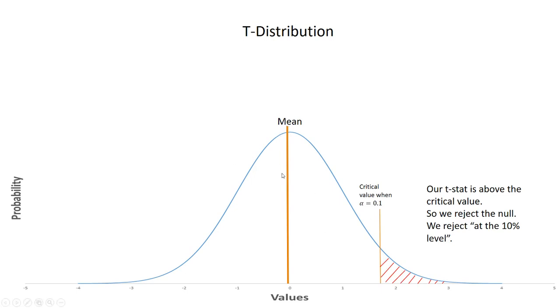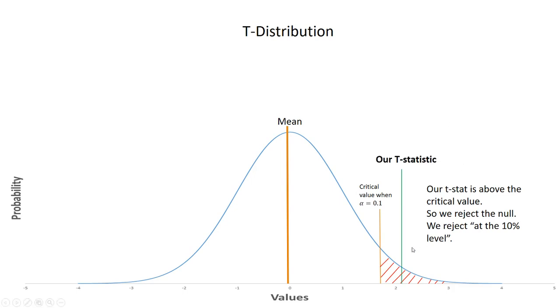Okay, t-distribution, mean 0. Let's say we set a critical value based on alpha equals 0.1. That means there's a 10% chance of falling above it. This space here represents 10%. Well, when we calculate our t-statistic, we're going to get a particular value, and we see where it lies.